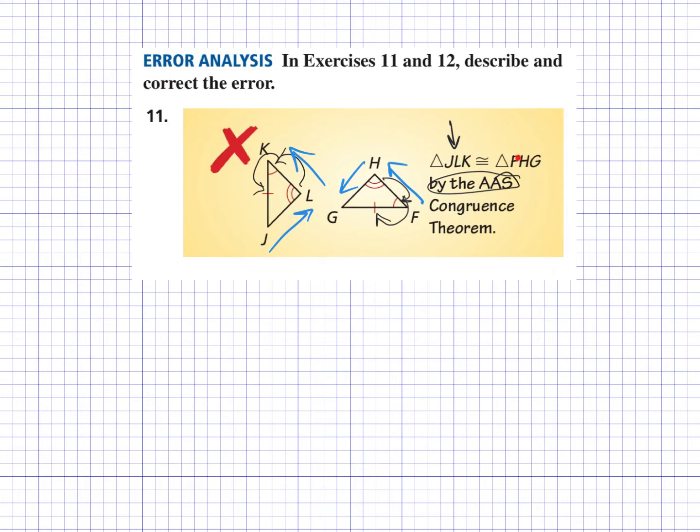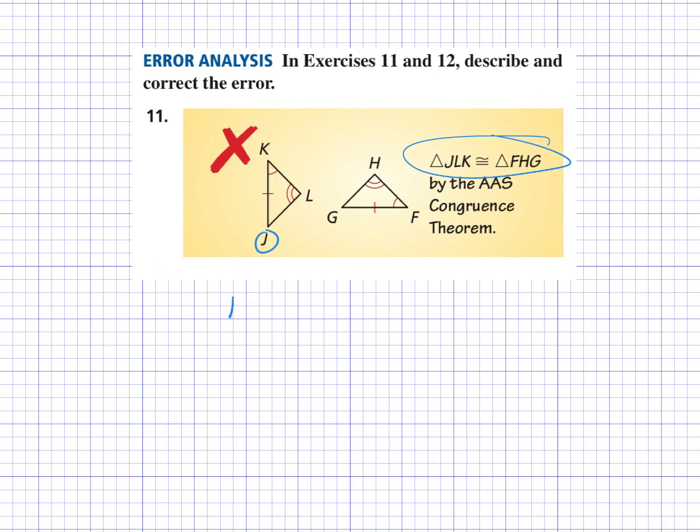They ordered these incorrectly. So let me erase all of this, and let's start that part over. So what is wrong is this information here. So let's do it right here. Let's start at J. So triangle J. We're going to go across the single hash mark to K, and then to L to the double angle hashes there, okay?